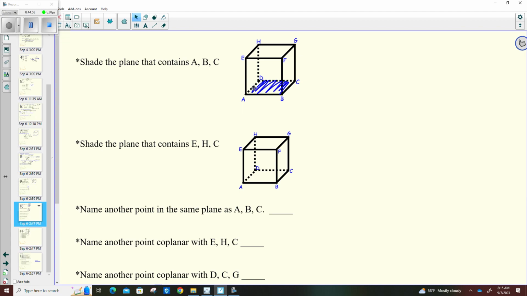You're all like looking at your paper like you can't find this plane. Well, it's still 3 points. It's E, H, and C. But what do you mean it's only 2 points? It's in 2 planes right now. But I said every time that you have 3 points, you have a plane.